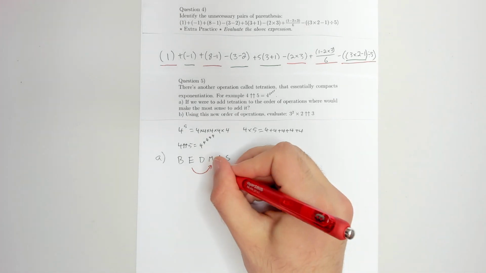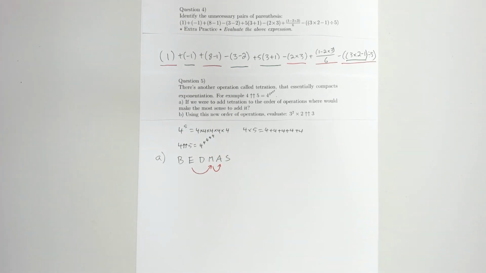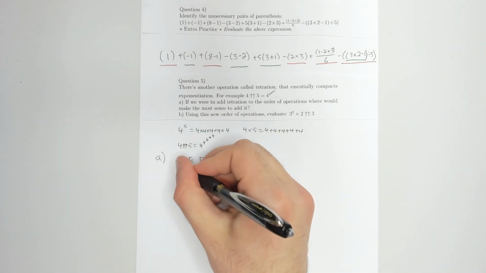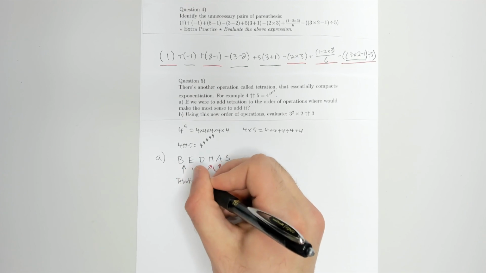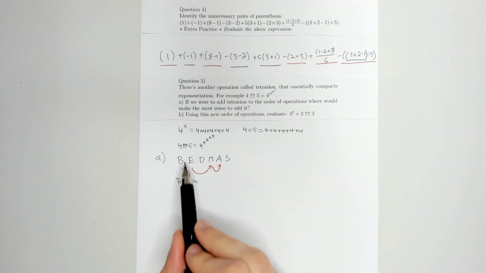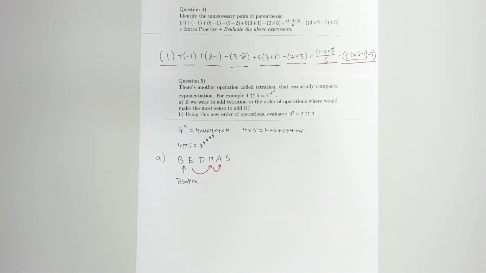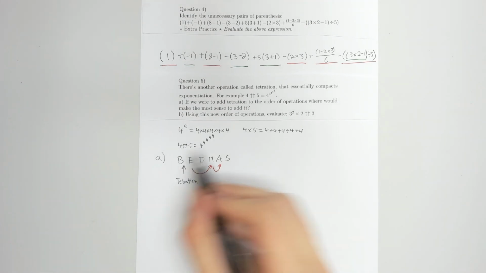And multiplication came before addition, since multiplication was essentially compacted addition. So since tetration is essentially compacted exponentiation, it probably makes sense for us to put tetration before exponentiation. So we probably want to put tetration between the B and the E. And it still has to come after the B so that we can still prioritize things with parentheses or with brackets, right? So we would expect tetration to come there.